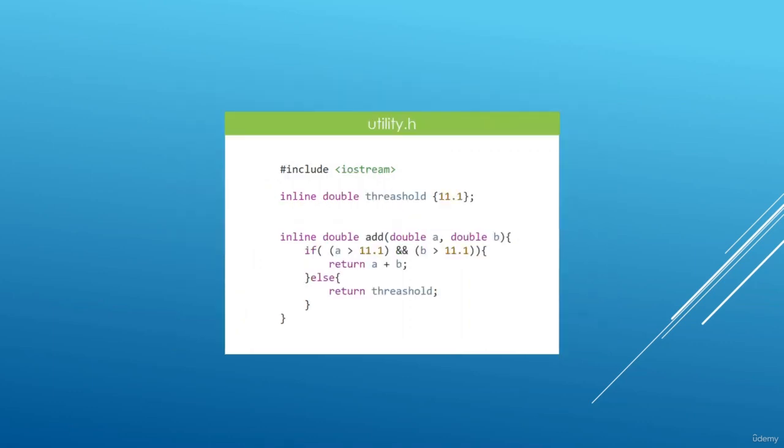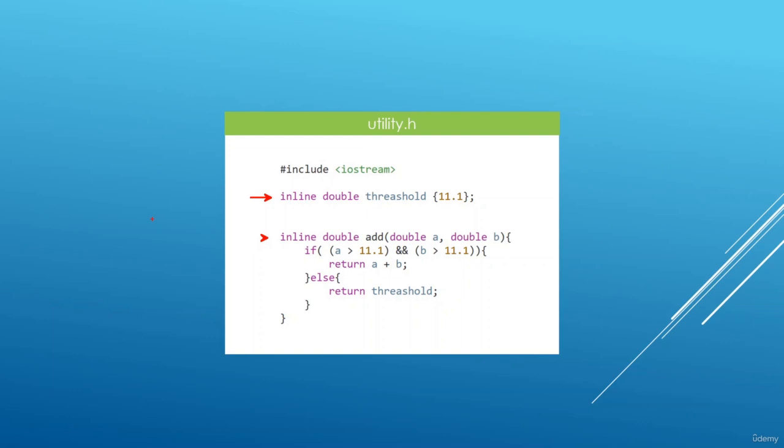Okay, so now that we know how we can mark our functions or variables as inline, let's address the question of why we would want to do something like this. Suppose you have a utility header file here, and inside we have a variable and a function, and we want this to live in a header file so that we can include this in multiple files.